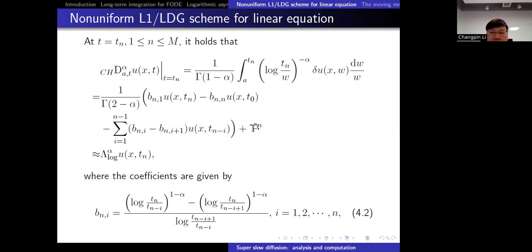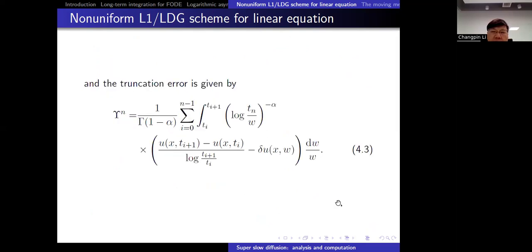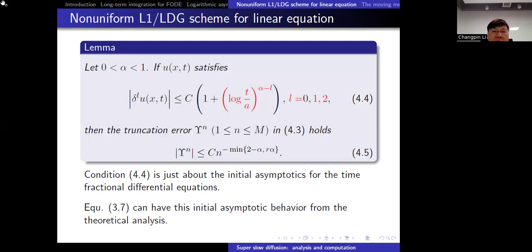This is the truncation term. So if this inequality holds, then the truncation error has this estimation. The optimal estimate here is alpha plus 1.